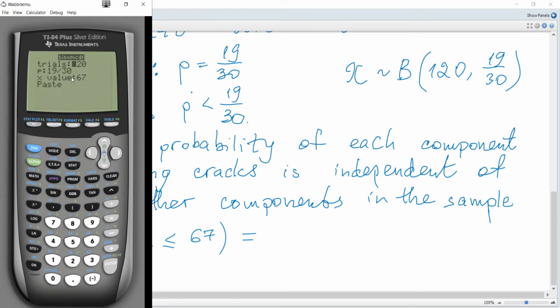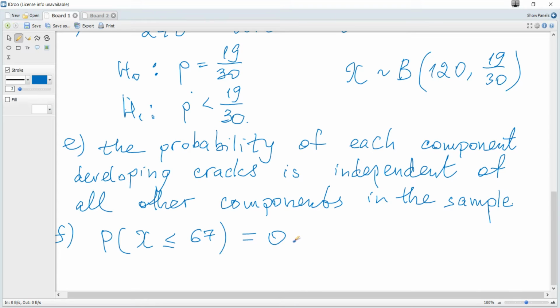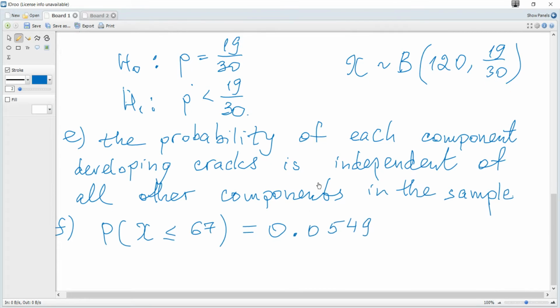Trials 120, probability 19 over 30, X value 67, and just enter, and we get the probability 0.0549.